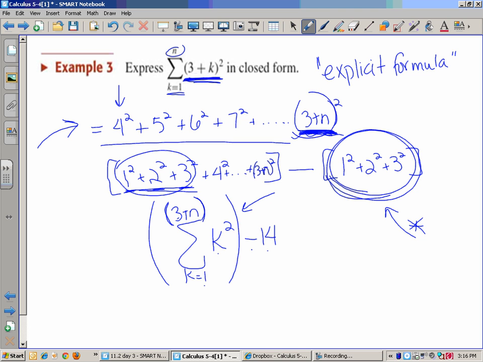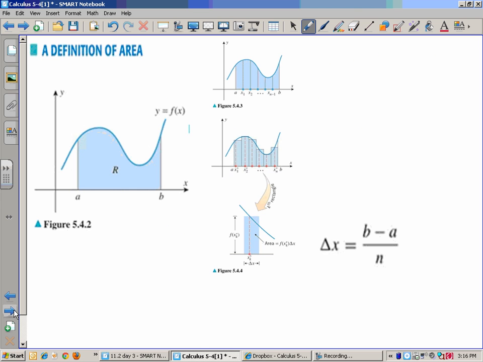So 3 plus n is going to become like my k. The only way I can make this be k squared is if I started at 1, and so that's why I'm adding in the 1, 2, 3 quantity squared. Okay? Don't worry too much about that one.